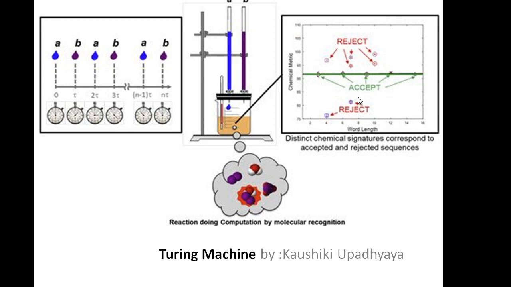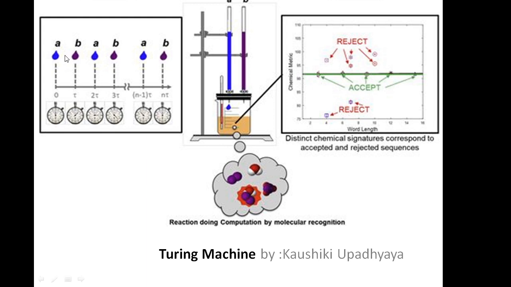Okay, various people have used Turing machines in other fields also, like in chemical reactions. Suppose an input is given like this. You have done NFA, DFA, and PDA, so we definitely give a string and we see whether the string is recognized or not.